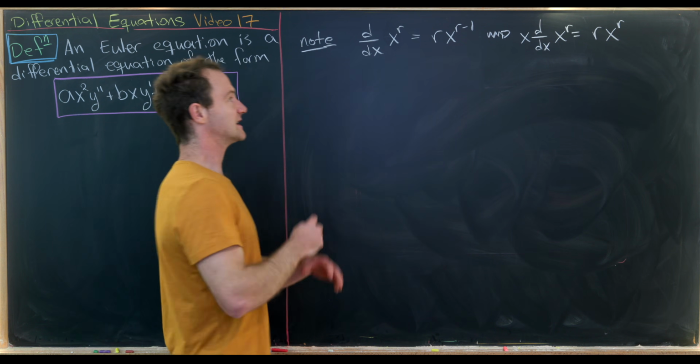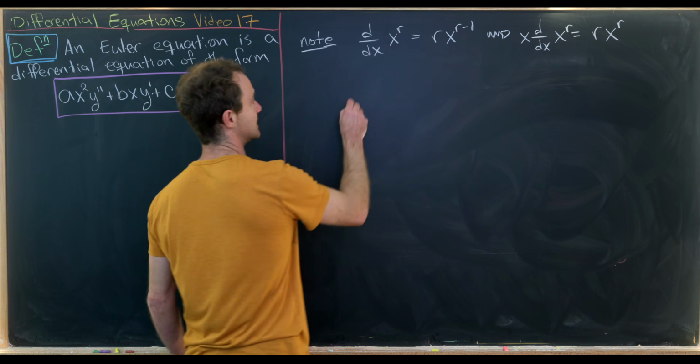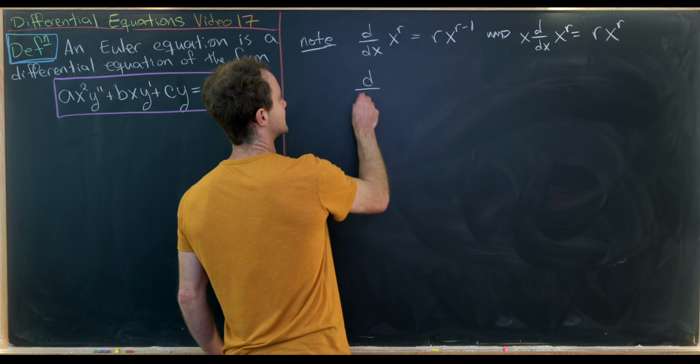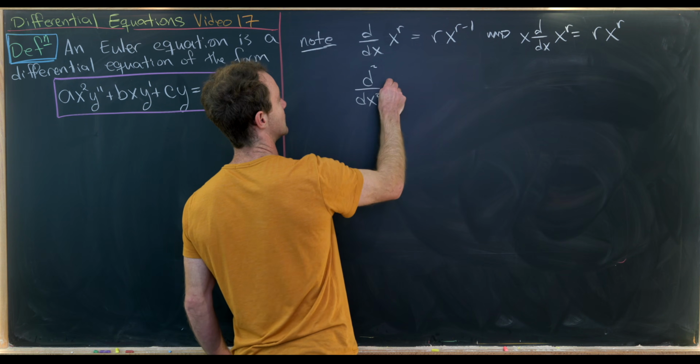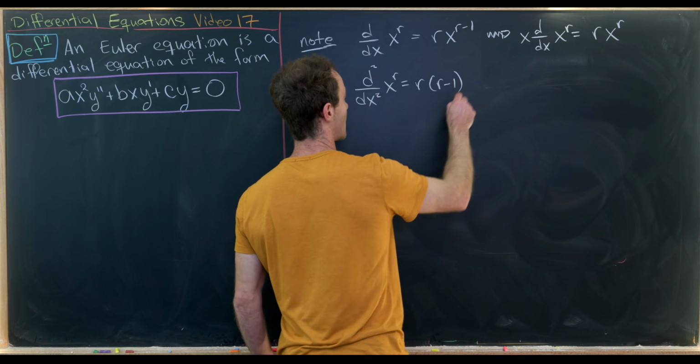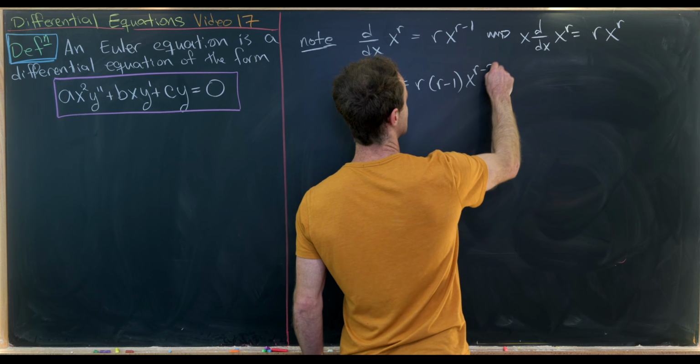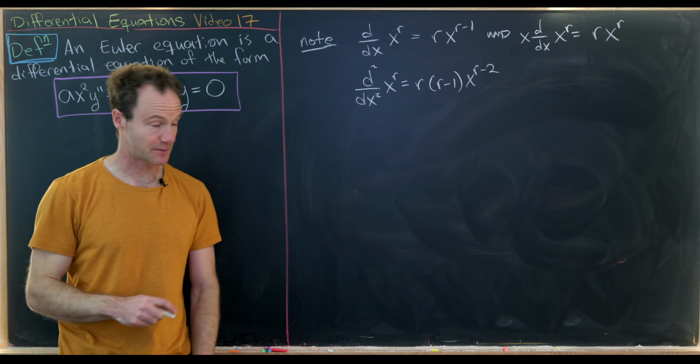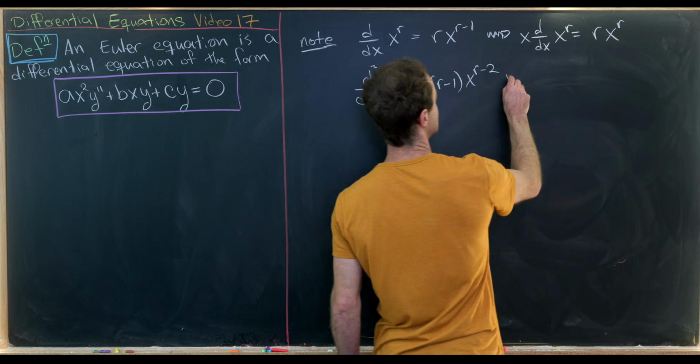And then we've got something similar going on with the second derivative. So let's notice that if we take the second derivative of x to the r, we'll get r times r minus 1 times x to the r minus 2 just by using the power rule 2 times.